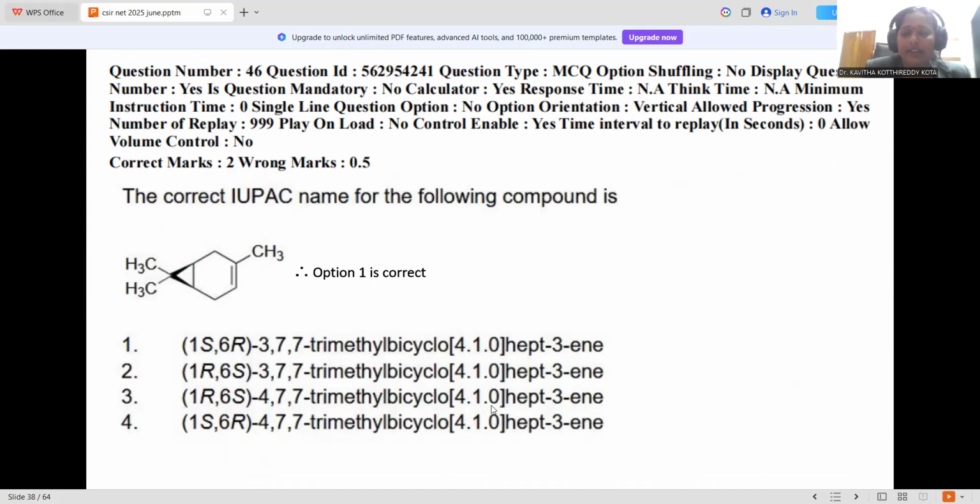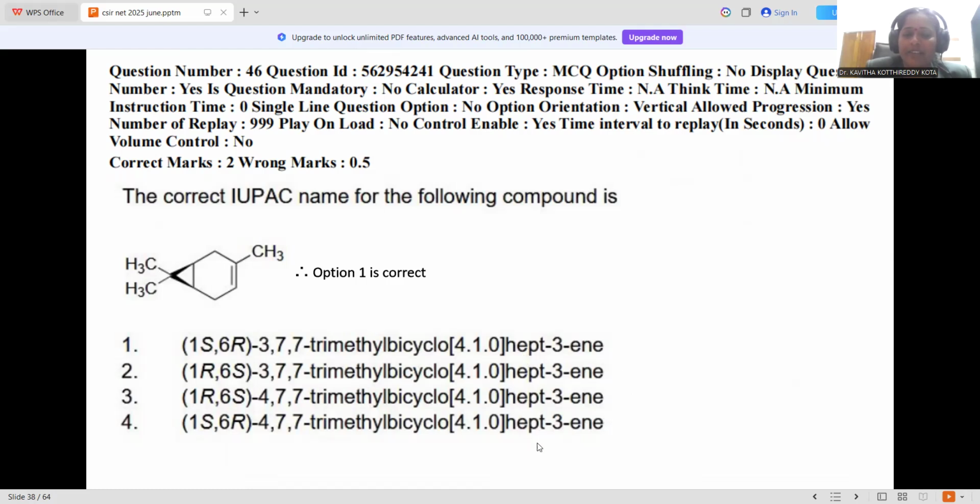So this kind of answering may not give the correct answer. 4, 1, 0 is given for all the options. 3-ene, 3-ene, 3-ene, 3-ene. All 4 options indicate the position of the double bond at the third carbon only. That is also not possible to identify.